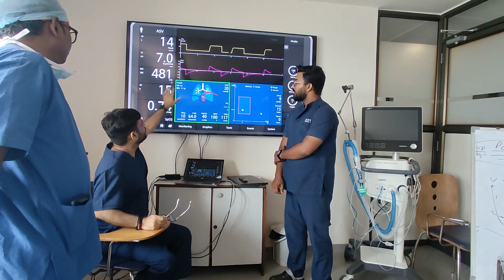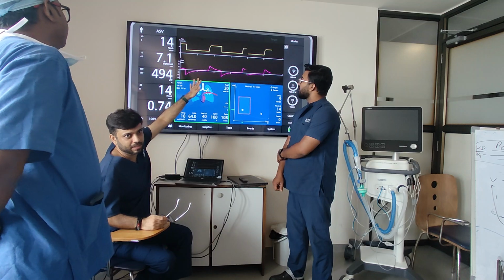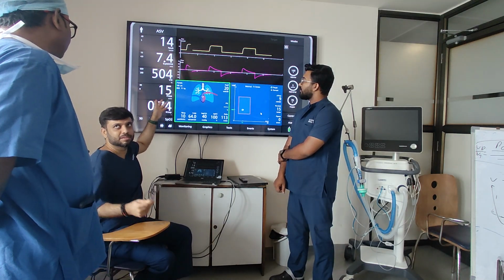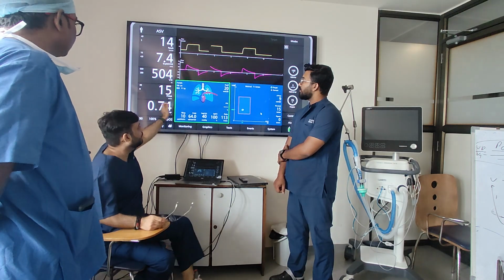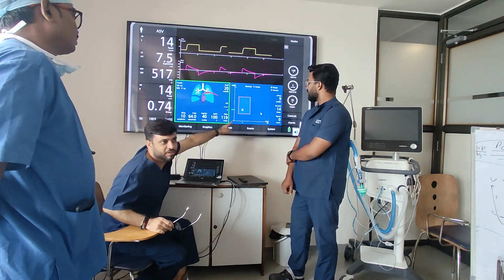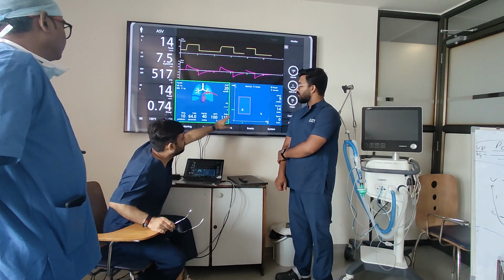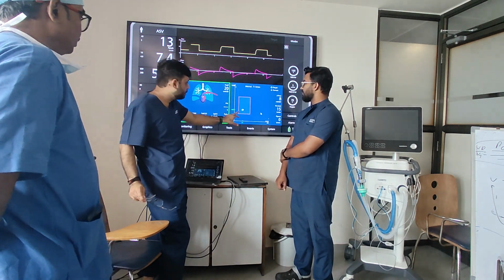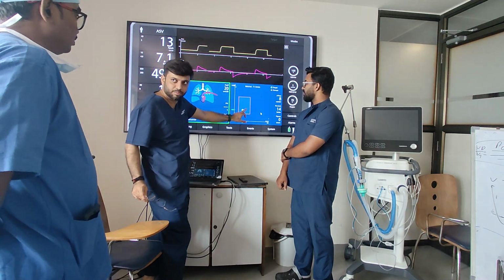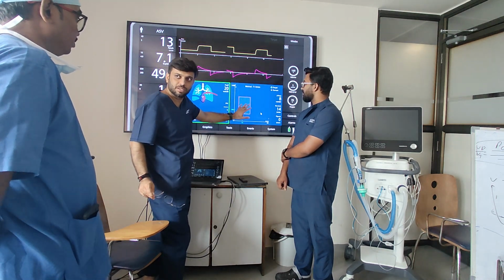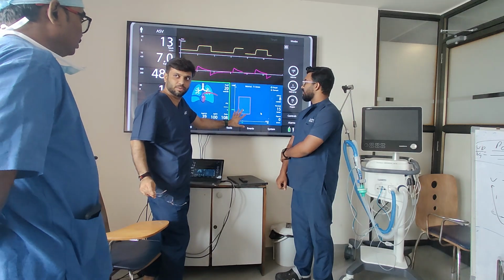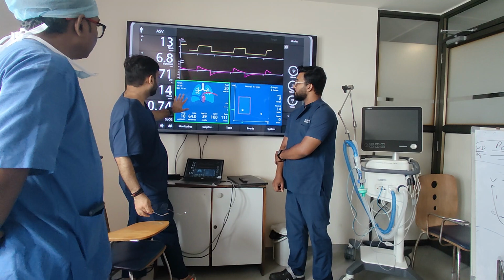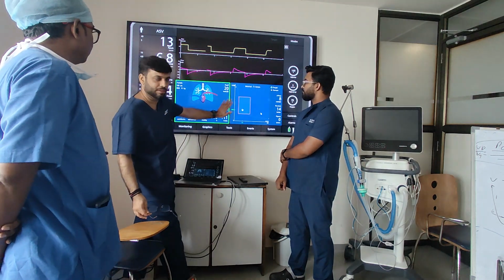Okay, and with that, the machine has given 3 test breaths. It analyzes compliance and resistance in the form of time constant. You are right that it is more or less normal to a little high, and it has made this safety box. It has targeted a volume of 490 and a rate of 14 for this patient. The yellow plus sign is the patient, and it is meeting the target.